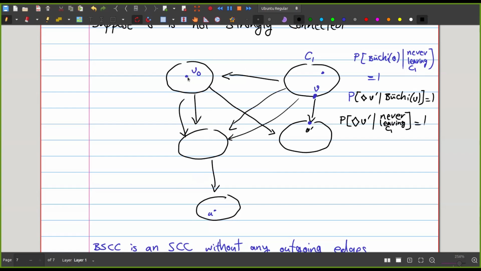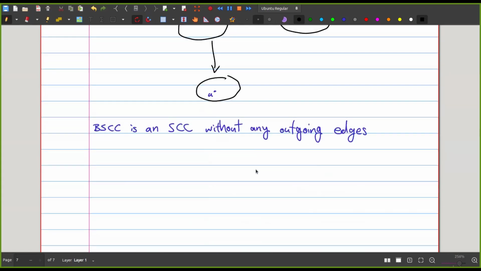Okay. So I find the probability that starting at V0, I would end up at this bottom strongly connected component. But I know that if I end up at this bottom strongly connected component, then with probability 1, I'm going to see U infinitely many times. So the probability of seeing U infinitely many times is the same as the probability of reaching this bottom strongly connected component. Great. Now, this means that for every vertex U, I just told you how to compute Büchi of U's probability.